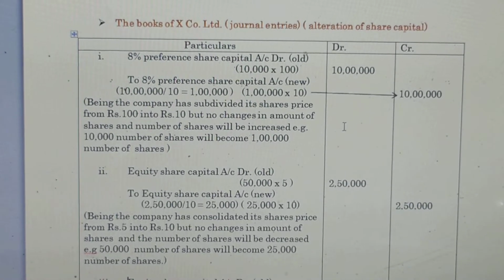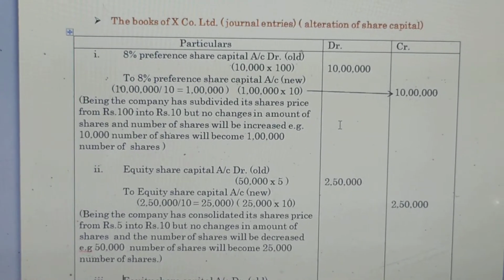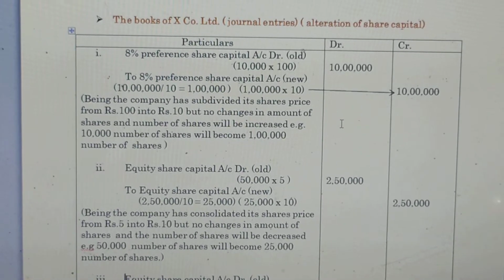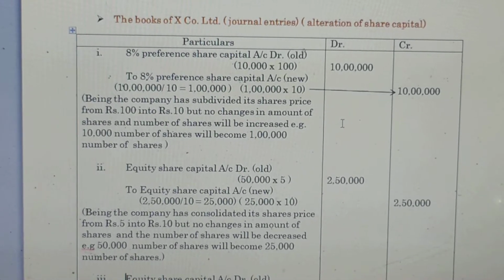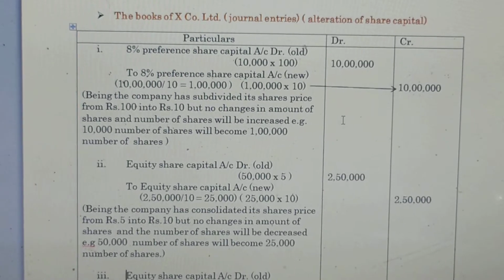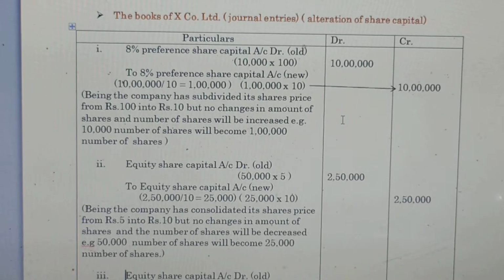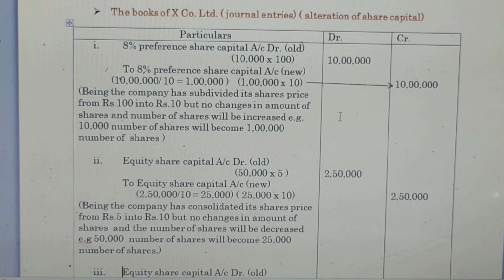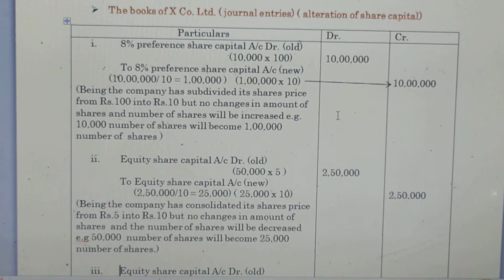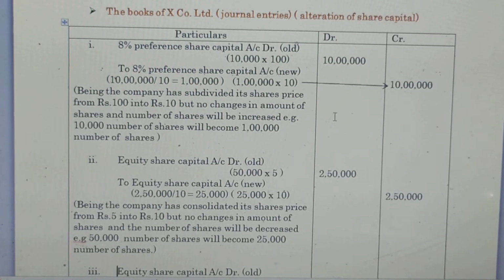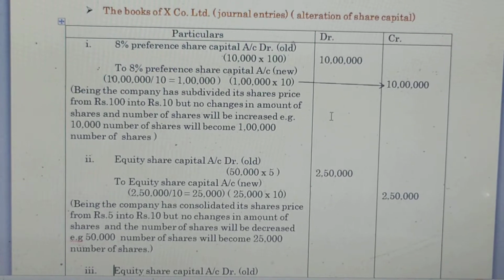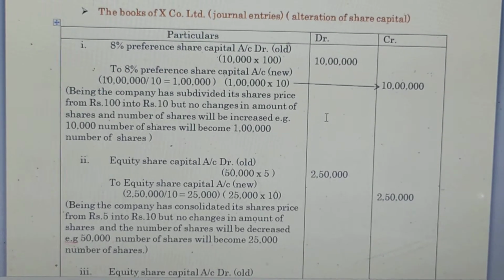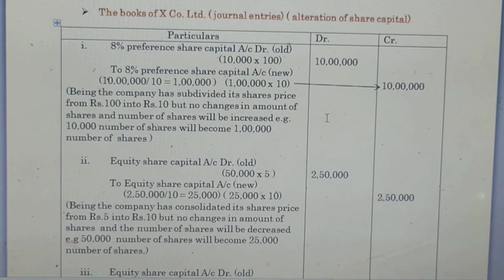The same amount will be mentioned on the credit side also, but the number of shares will be changed. To 8% preference share capital account credit, new: the amount of share capital is 10 lakhs divided by 10 equals 1 lakh. 1 lakh is the number of shares and 10 rupees is the new share price.